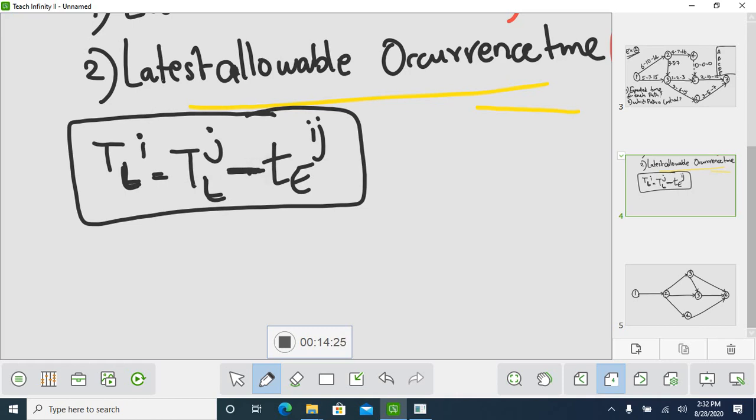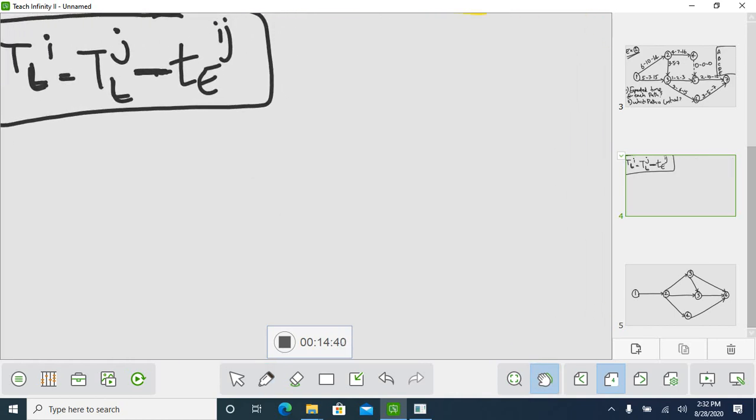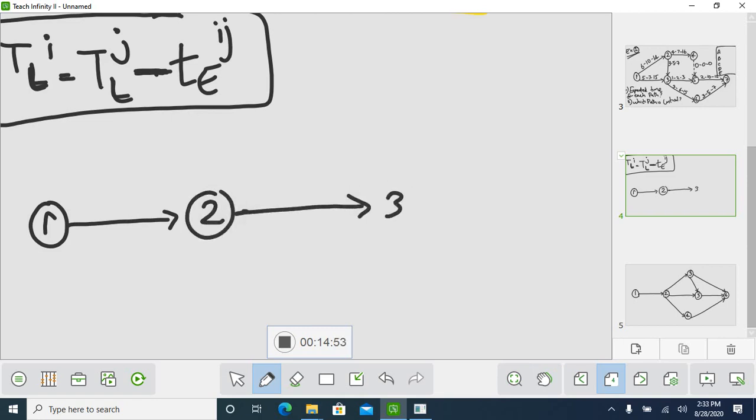So I will be giving you the same example over here. So this is the formula. I will give you one small example. So this is your network diagram.